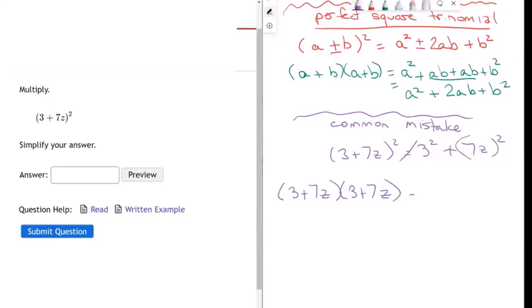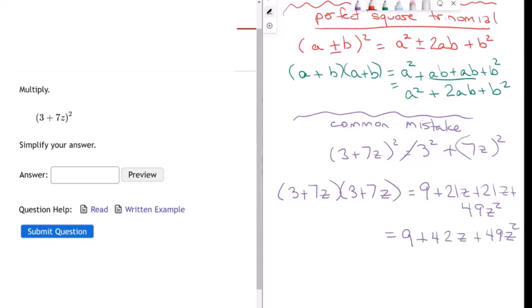This would equal 9, first times first, outer times outer, inner times inner, last times last. I combine my two inner and outer terms, I get 9 plus 42z plus 49z squared.